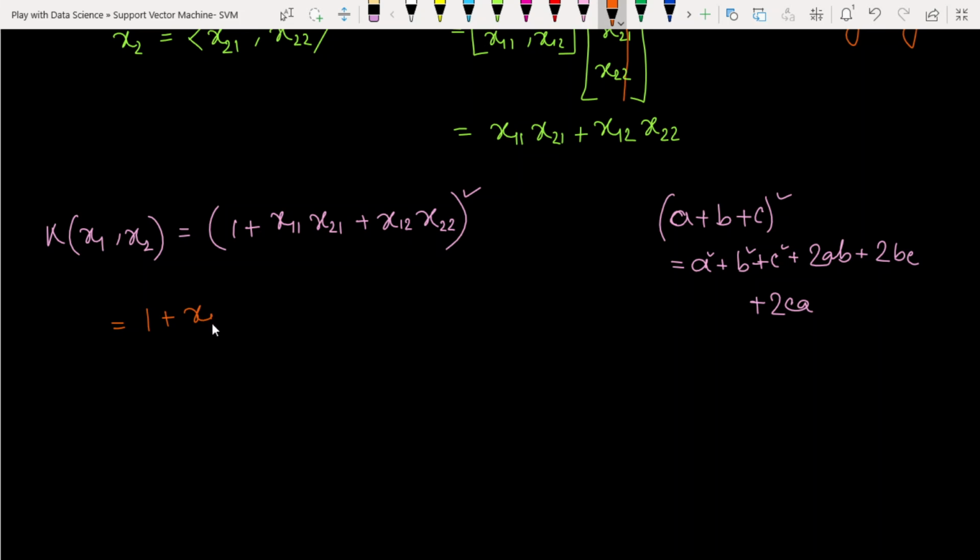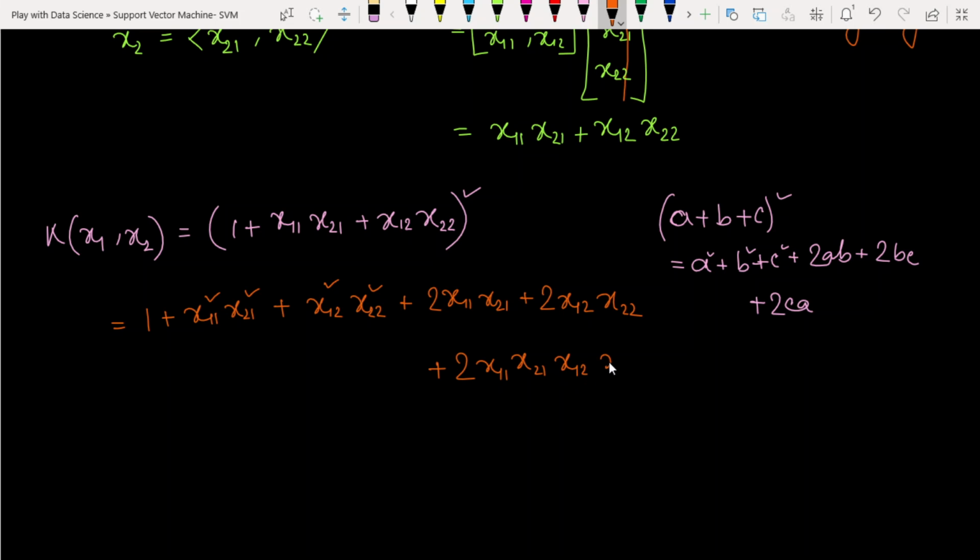Square: x11 square x21 square, b square plus c square means x12 square x22 square, plus 2ab, 2x11 x21, plus 2ca means 2 x12 x22, plus 2bc, this term, 2 x11 x21 x12 x22.